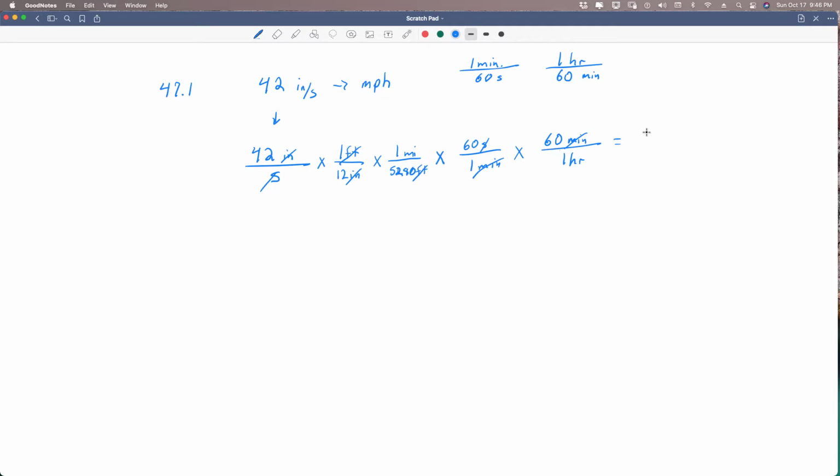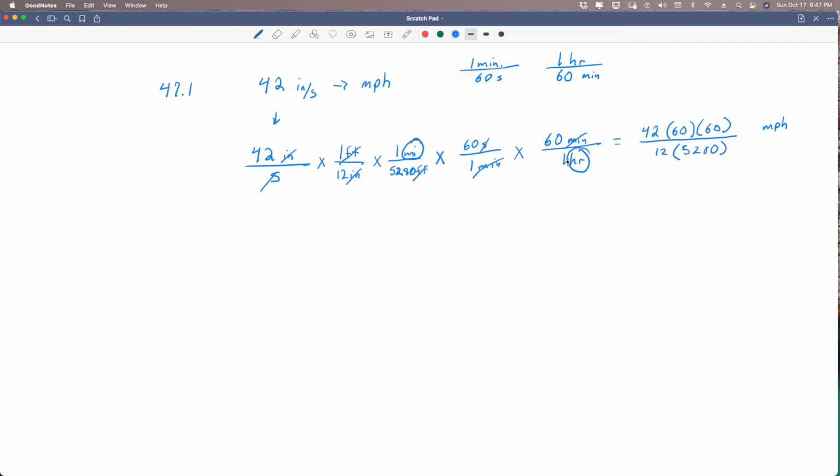Now we take all of this and we calculate it. We have 42 times 60 times 60, and we have miles per hour, miles on the top, hours on the bottom. So that gives us the miles per hour. And on the bottom, we have 12 times 5,280.